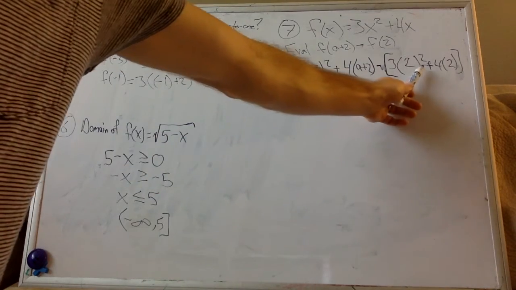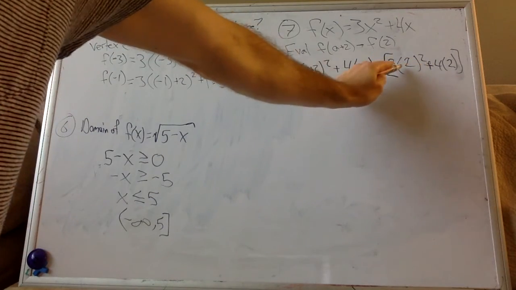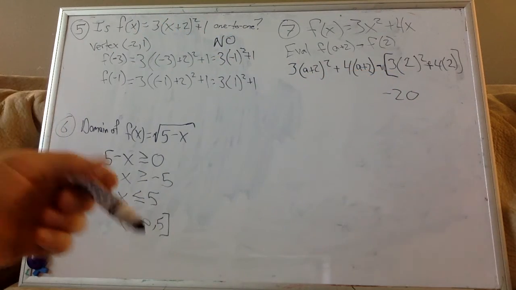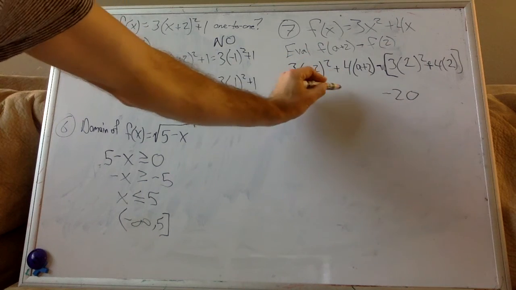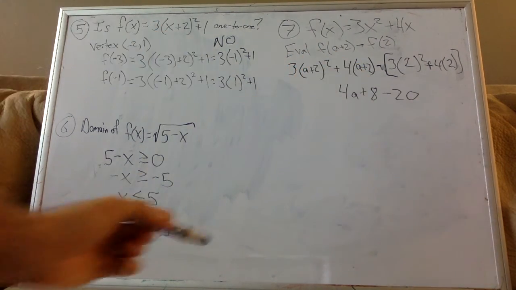Then we have 4 times 2 is 8. So I have 12 plus 8, so I'm subtracting 20. And here, pretty straightforward, I have 4a plus 8.